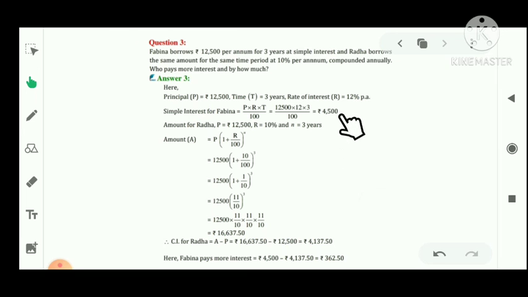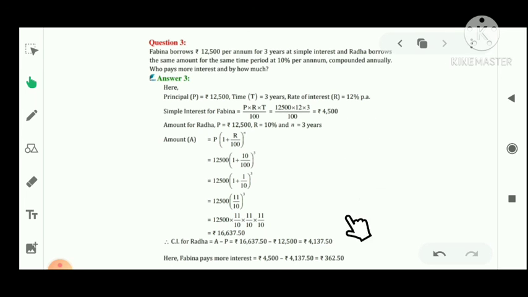Now students, you can see Fabina's value is 4,500 and Radha's value is 4,137. So we can clearly see who pays more interest. So we can say that Fabina pays more interest, and by how much? That means after subtracting, its value is rupees 362.50. So basically, firstly students, you have to find the simple interest for Fabina, and then you have to find the compound interest for Radha, and then you have to subtract the simple interest and compound interest.